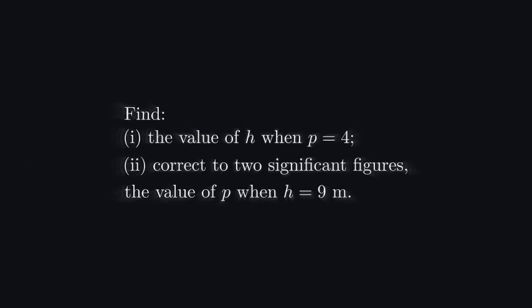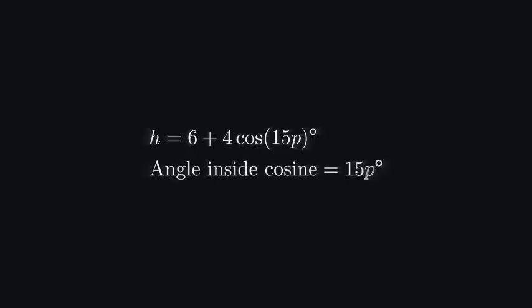We are asked to find the value of h when p equals 4, and then find the value of p when h equals 9 meters, correct to two significant figures. h equals 6 plus 4 cos of 15p degrees. The angle inside the cosine equals 15p degrees.